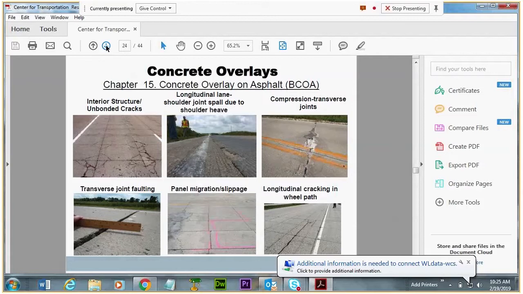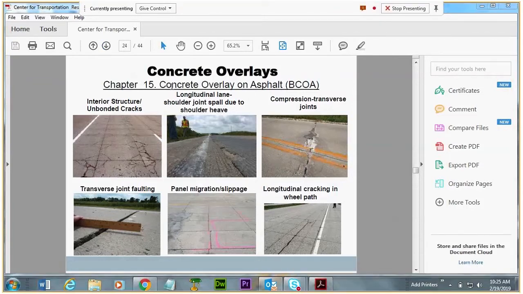You have compressive joint issues, sometimes associated with movement, a lack of opening of the joints. In this one, it happens to be on a county road where the joints were not opening every 6 feet, and what happened is that after about 4 or 5 of those, it started to move the only joint that did open.